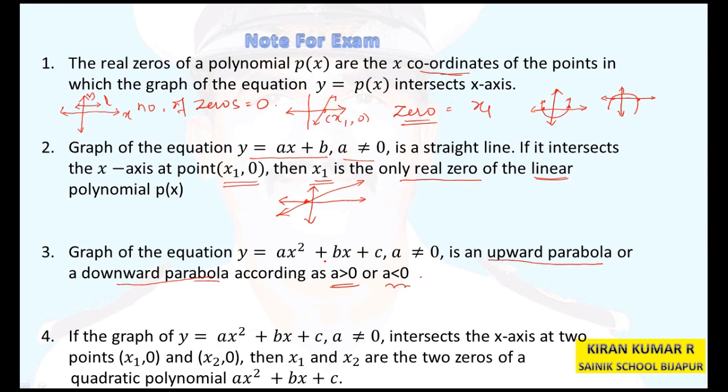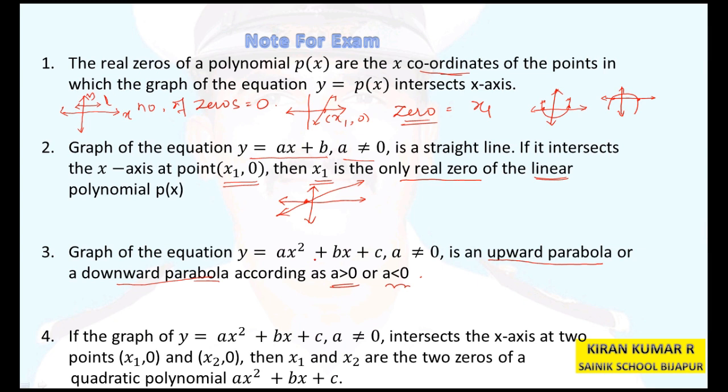We get a parabola. However, in your examination, you will not be asked, I repeat, you will not be asked to plot the graph of a quadratic or a cubic polynomial. It is not for the examination. However, linear polynomial, you need to learn how to plot the graph because it is there in the next chapter.